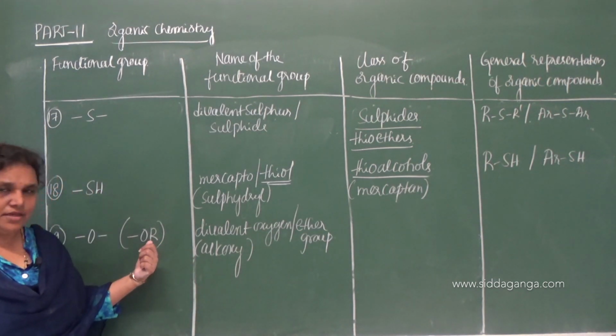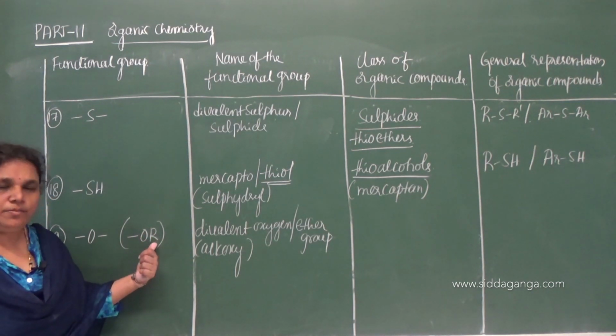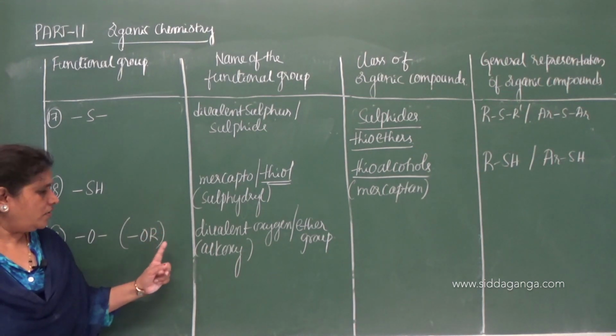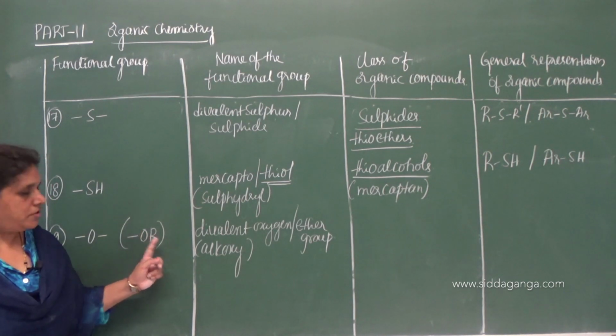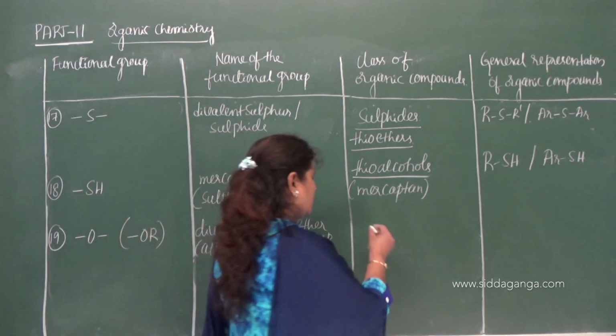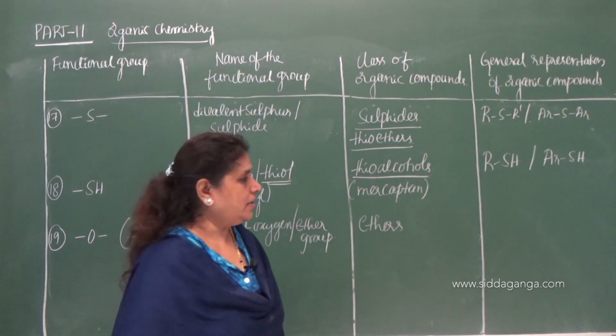Methyl group with oxygen is methoxy. Ethyl group with oxygen is ethoxy. Methoxy, ethoxy. So an alkyl group along with the oxygen is named alkoxy. Then what is the class of compounds? They are nothing but ethers.